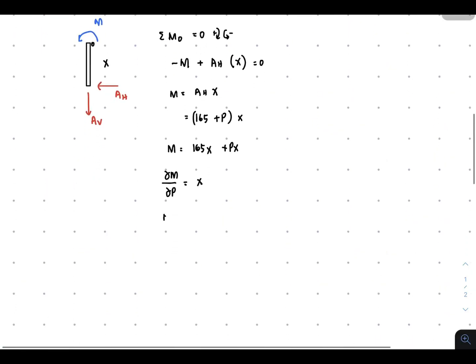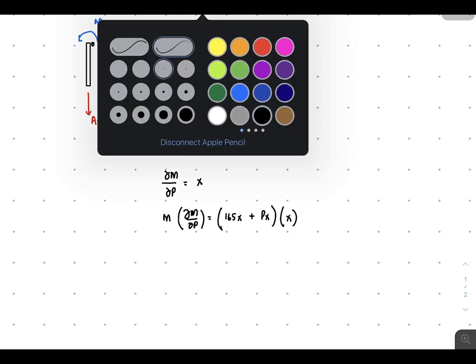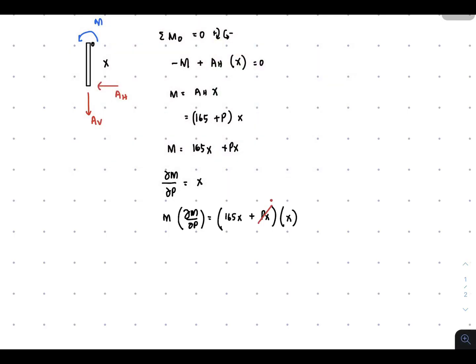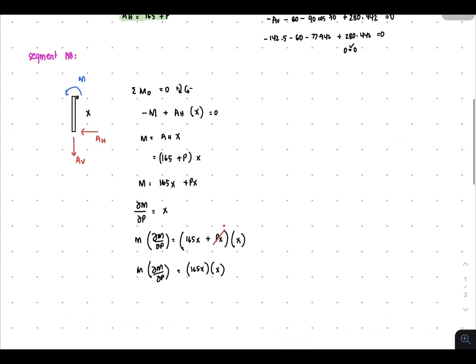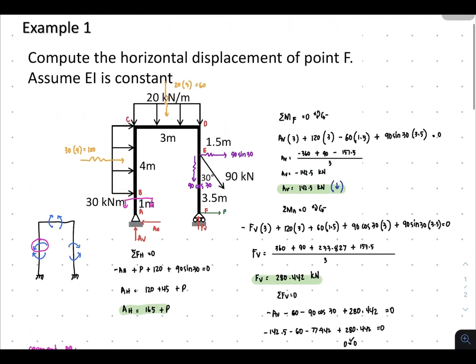Therefore, the product is 165x plus Px times x. Then we're going to set this P equal to 0. And now this is the partial derivative and the moment: 165x times x. That is your segment AB. Let's proceed to the next segment.